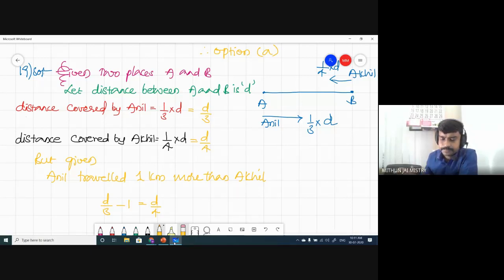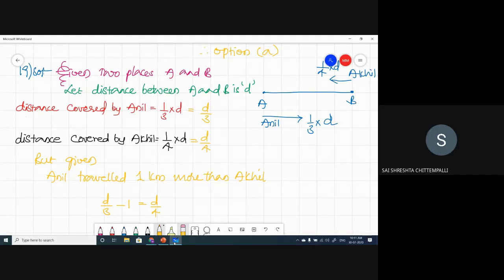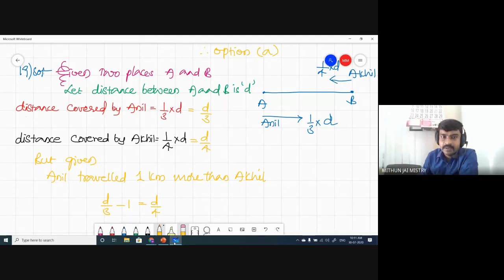Yes, sir. I can do +1 here, or I have to do -1 there. Why? Because I want to make it equal. If 12 has to become equal to 11, then I have to do 12 minus 1. If 10 has to become equal to 9, then I have to do 10 minus 1.